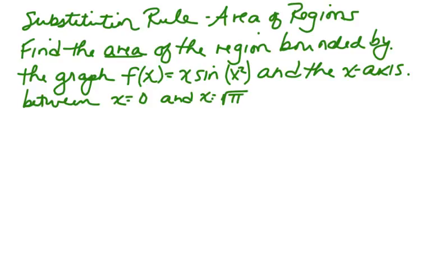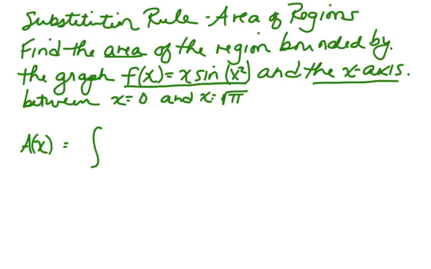So we're going to set up the area function, and if I'm looking for the area of the region bounded by the graph f of x and the x-axis, we're looking at an integral of f of x minus the x-axis. The x-axis is simply y equals 0.